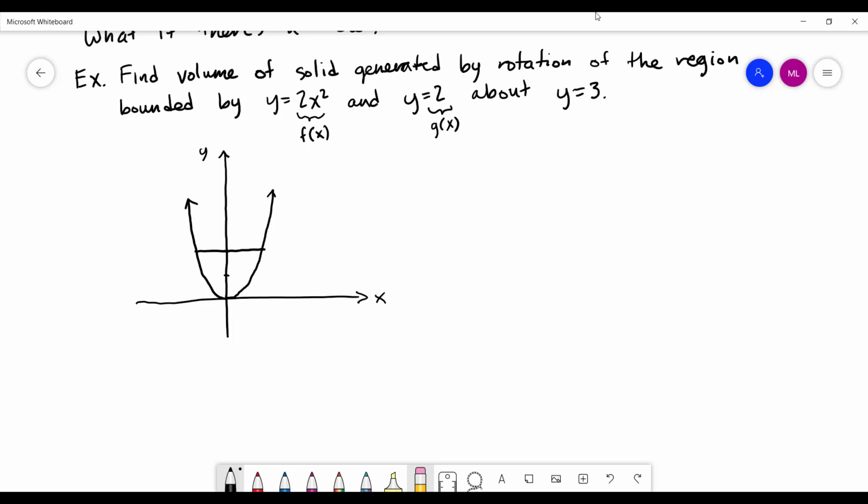So here's the shape. This is the region that I'm interested in. And then we're going to be rotating it about this line, y equals 3. So here's y equals 2x squared, here's y equals 3, here's y equals 2.